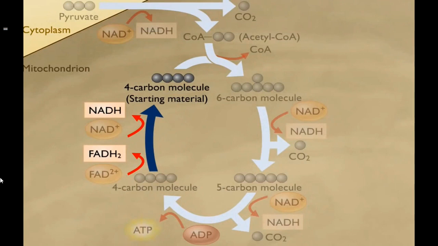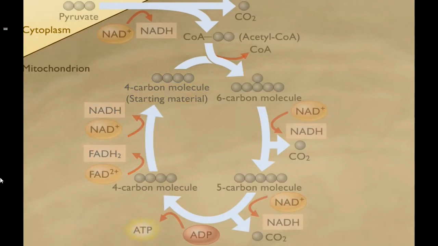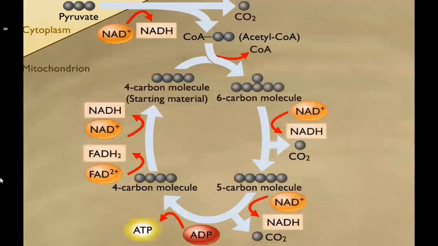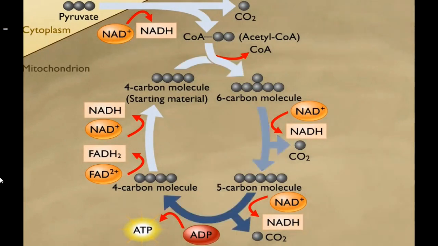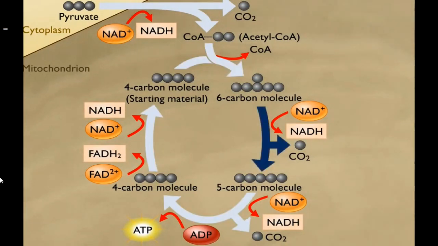These reactions regenerate the 4-carbon molecule that initially reacts with acetyl-CoA. Each glucose molecule is broken down into 2 pyruvate molecules during glycolysis. Then each pyruvate is converted to acetyl-CoA, which enters the Krebs cycle. Thus, for each glucose molecule, the Krebs cycle must complete 2 circuits to completely break down the 2 pyruvate molecules.